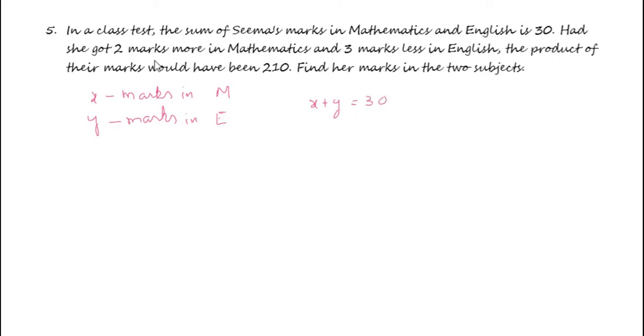Had she got 2 marks more in mathematics, 2 marks more in mathematics means x plus 2. And 3 marks less in English, that is y minus 3. The product of their marks, that is product of x plus 2 into y minus 3 equal to 210.